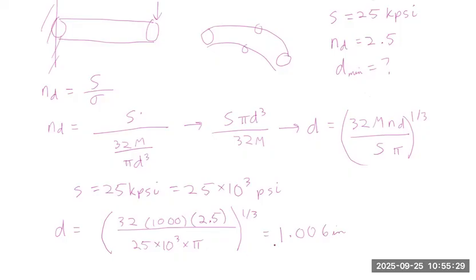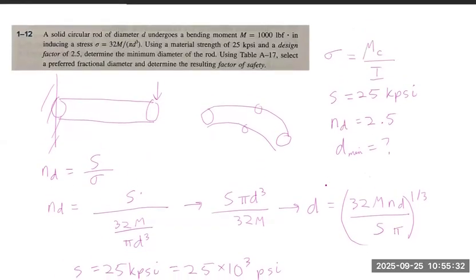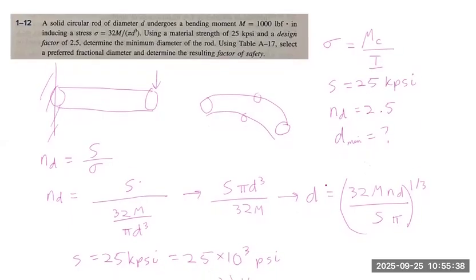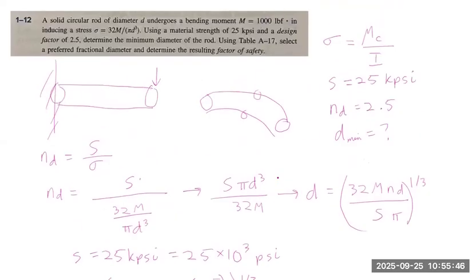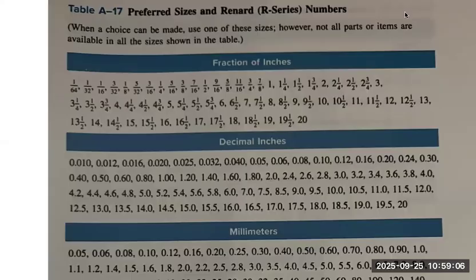Now, yes, so we have determined the minimum diameter of the rod, and we now have to use table A17 to select a preferred fractional diameter and determine the resulting factor of safety. So here's table A17, preferred sizes for our numbers. So we have in terms of inches and in terms of decimal inches.